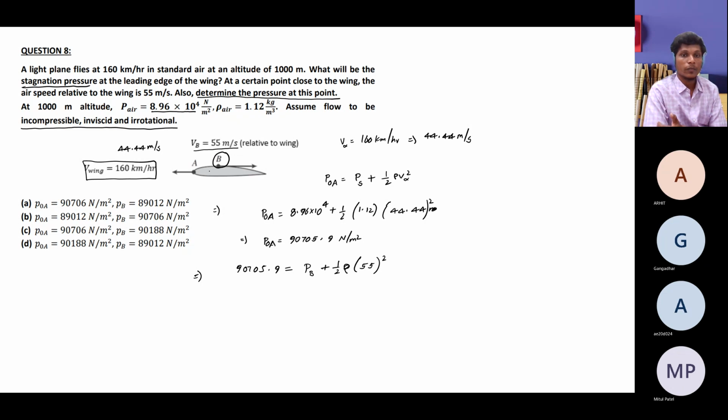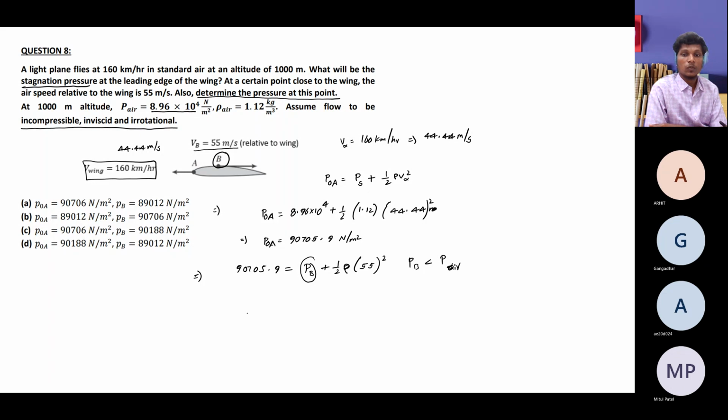That's why your Bernoulli equation should also show a lower static pressure, less than the free stream static pressure. Though we are calculating with respect to the stagnation pressure at point A, everything is interrelated and governed by the Bernoulli equation. So we should get PB less than P infinity or PA.